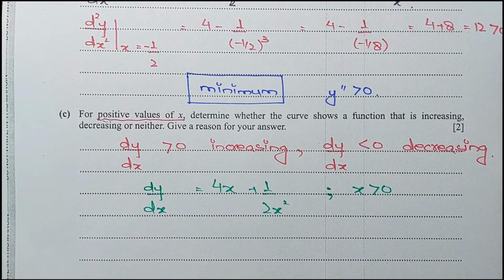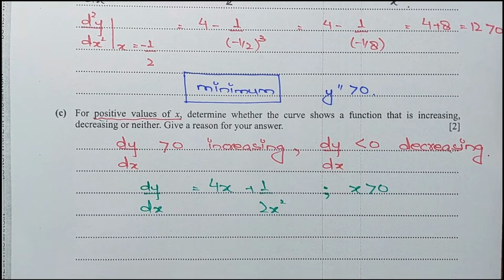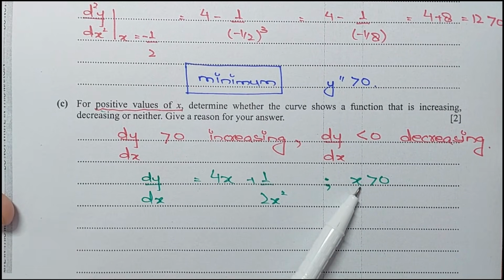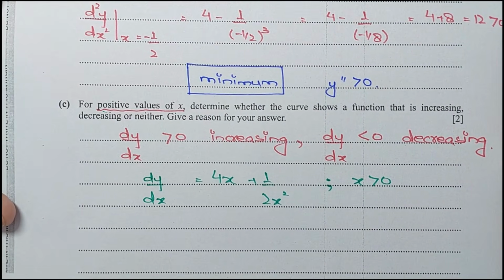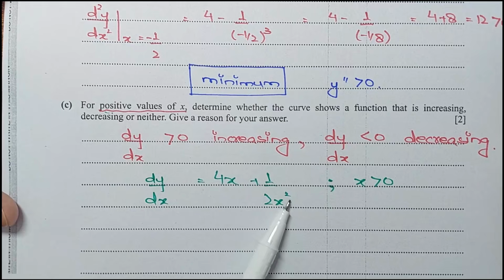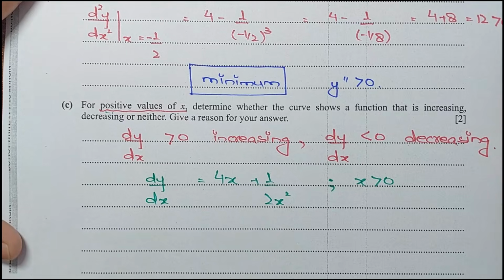For decreasing, its derivative is negative. Let's see. When we put positive values of x, 1, 2, 3, 4, 5, 6, till positive infinity, 4 times that is positive, right? And this is an x² term. Whether you put positive or negative numbers, this is also positive. So the whole thing is positive.